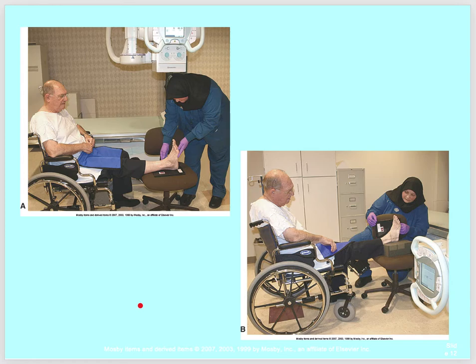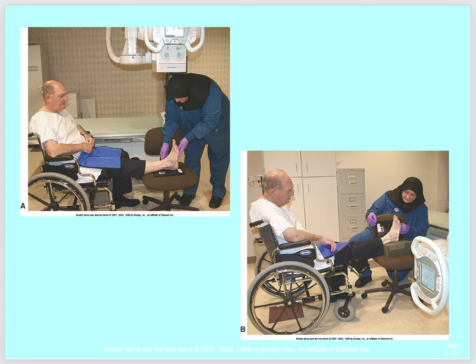So instead of moving the patient from the wheelchair to the table, they just brought an extra chair over, and they're going to image the AP ankle, the lateral ankle. You can do an oblique ankle there as well. You just want to make it as comfortable for the patient as possible and easy for you.